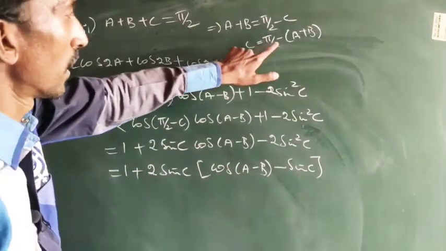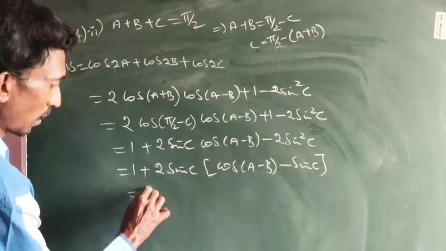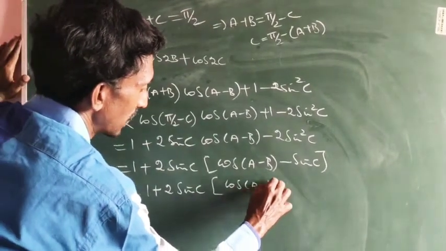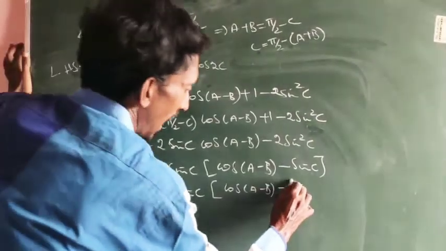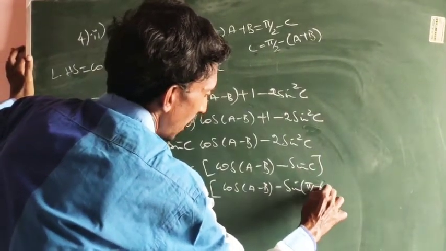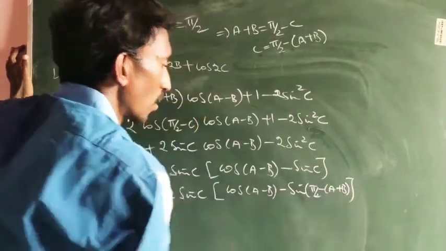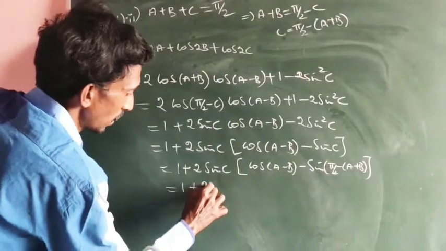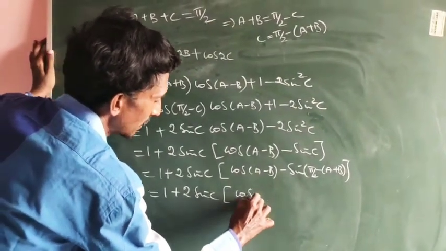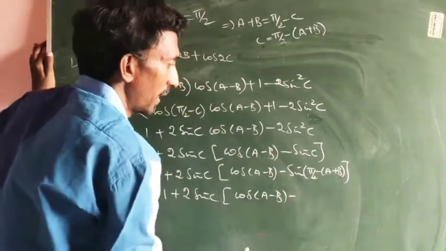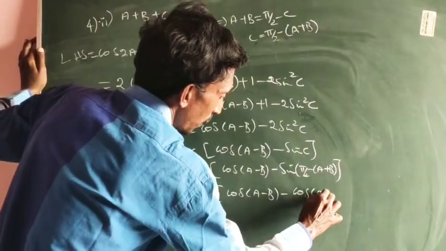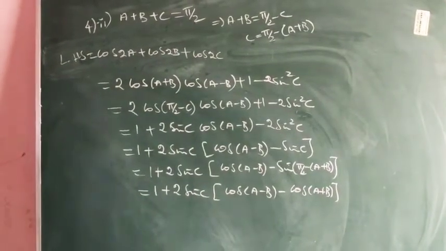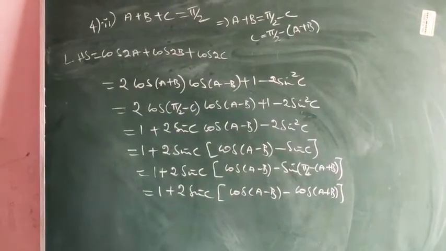Again c equals 90 minus (a plus b), so 1 plus 2 sin c [cos(a minus b) minus sin(90 minus (a plus b))]. Sin(90 minus (a plus b)) is cos(a plus b), so cos(a minus b) minus cos(a plus b) is 2 sin a sin b.